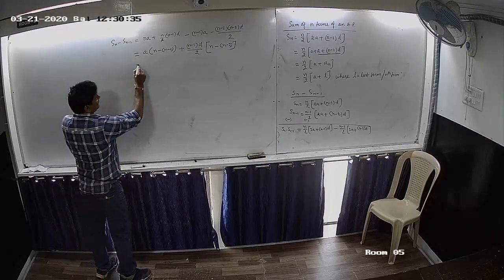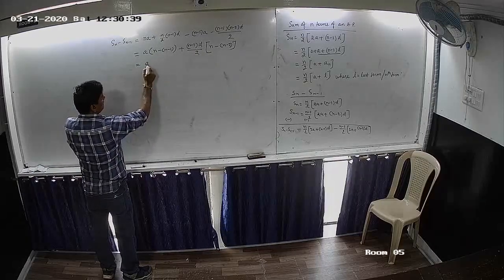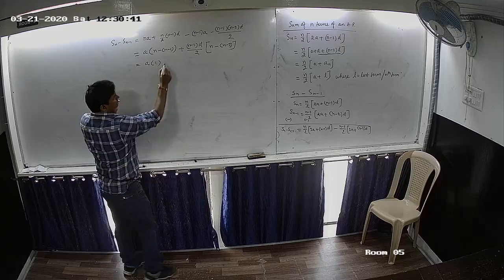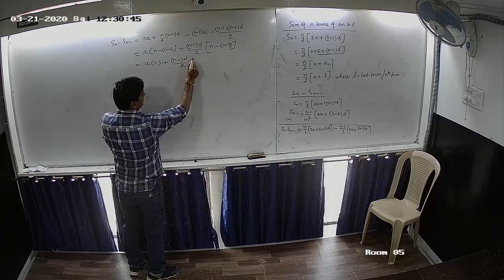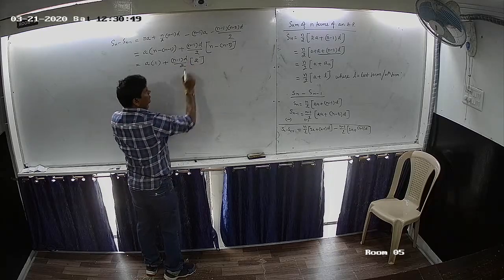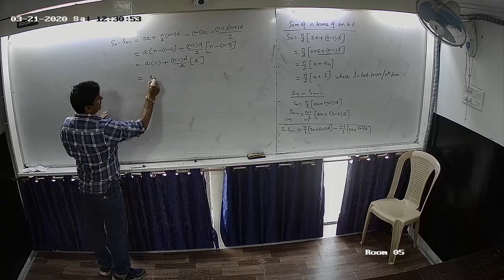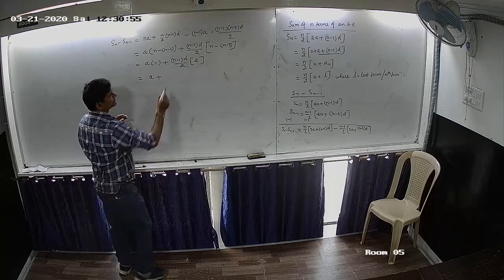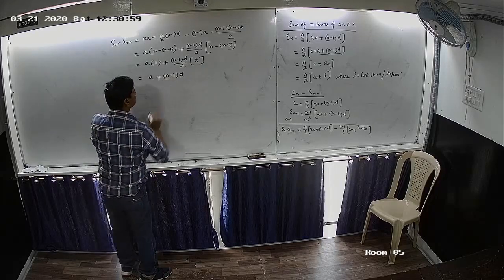Now let's simplify it further. N minus n plus 1, so n gets cancelled, a into 1, plus n minus 1 into d by 2 into n minus n plus 2. So what is left is 2. This is equal to a plus n minus 1 into d, the 2 gets cancelled.